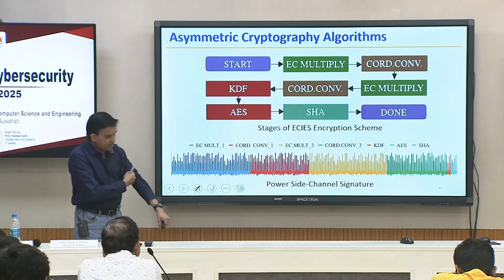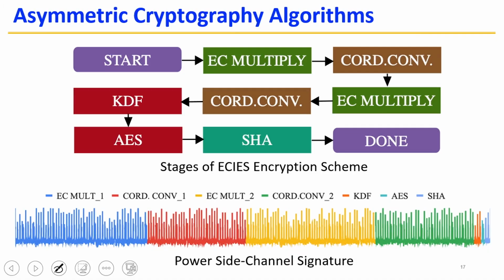Now, I am going to talk about information flow in a couple of other settings. I chose one or two cryptographic algorithms: elliptic curve, the encryption one, this is the encryption standard. It has different modules, start, multiply and so on in that order.